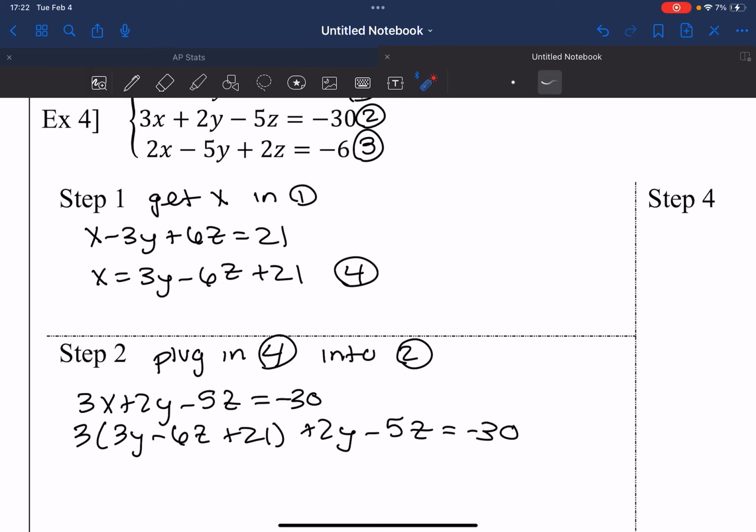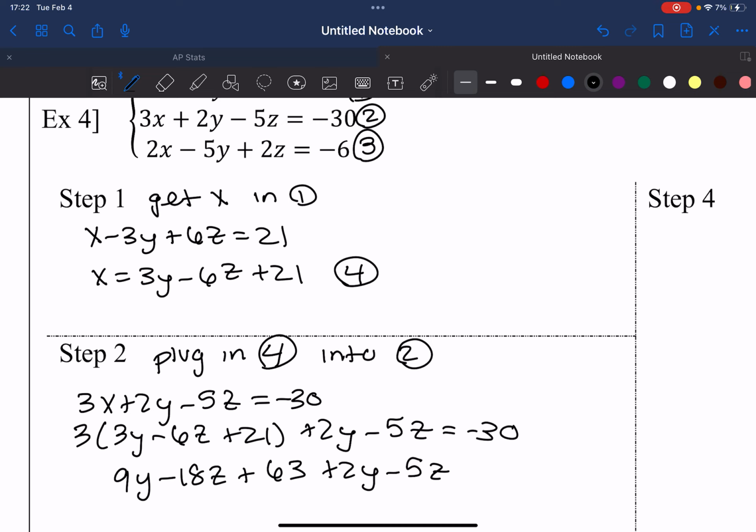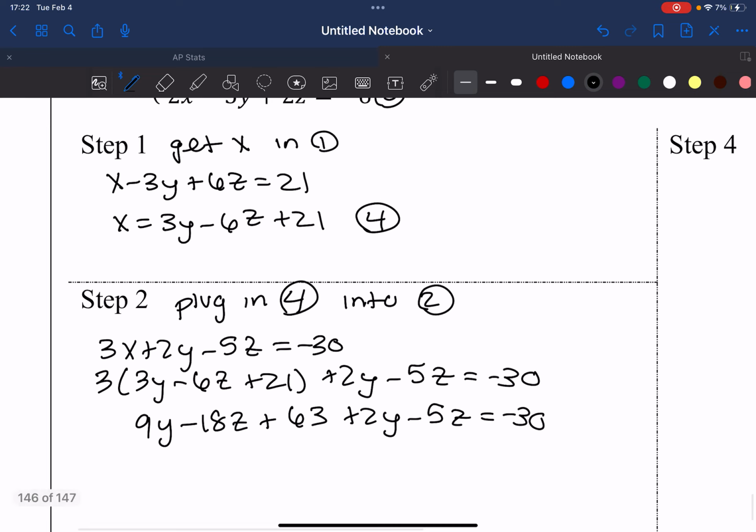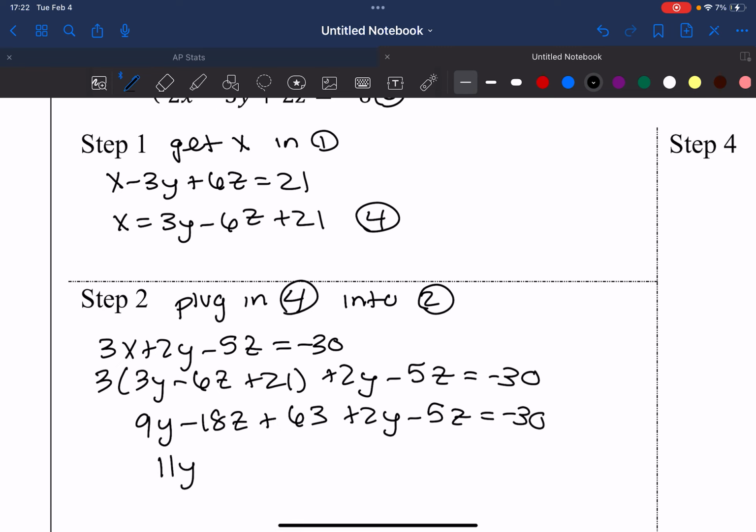I went from 3 variables to 2 variables. So simplifying this, I have 9y minus 18z plus 63 plus 2y minus 5z equals negative 30. So this is 11y minus 23z is equal to negative 93. That's equation 5.